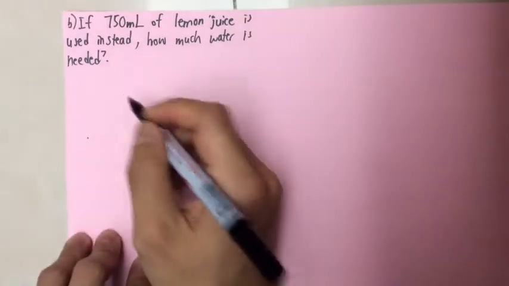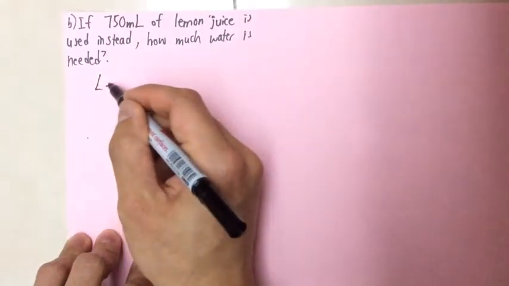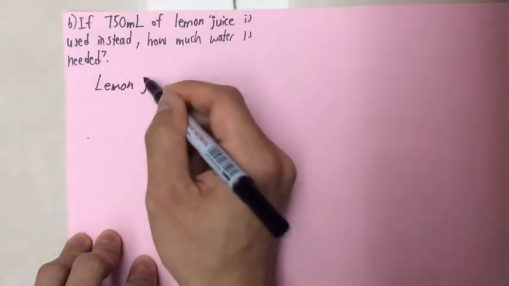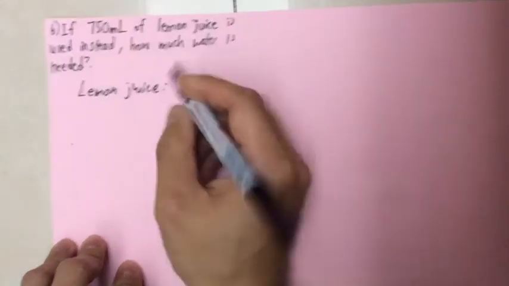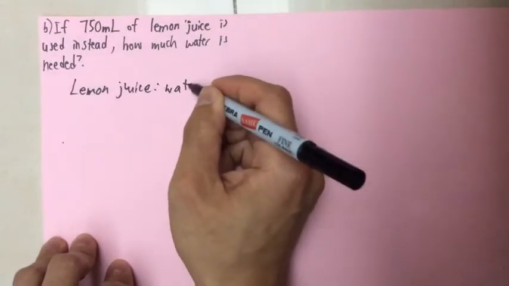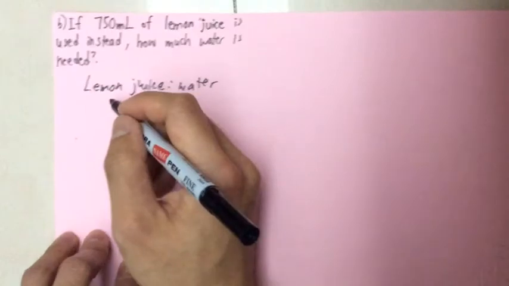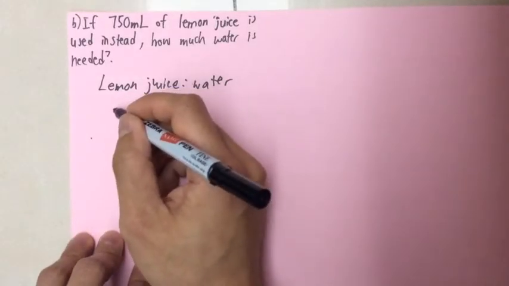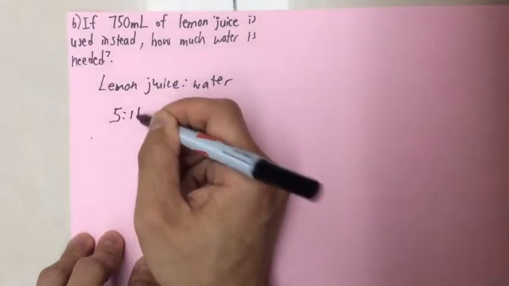All right, let's try doing something with that particular ratio. We'll try applying it to a different problem. If 750 milliliters of lemon juice is used instead, how much water is needed? So remember our ratio of lemon juice to water is 5 to 11.